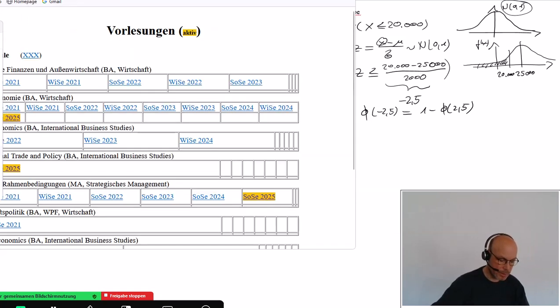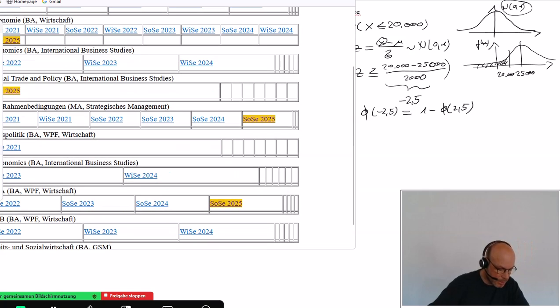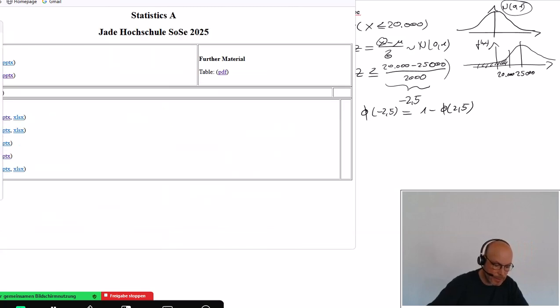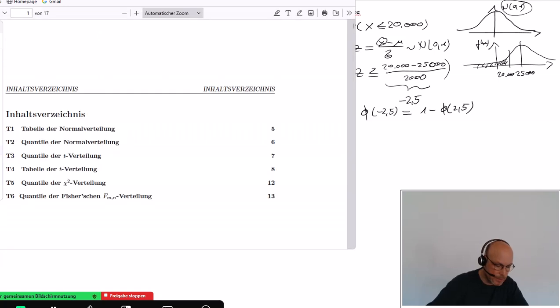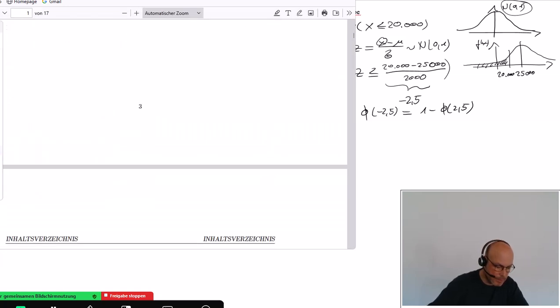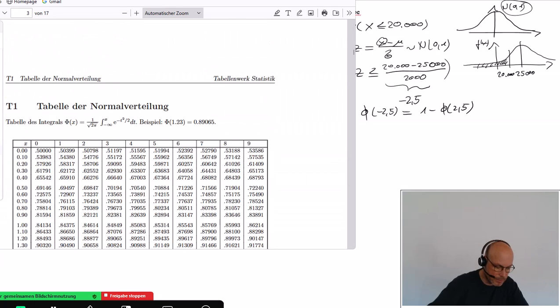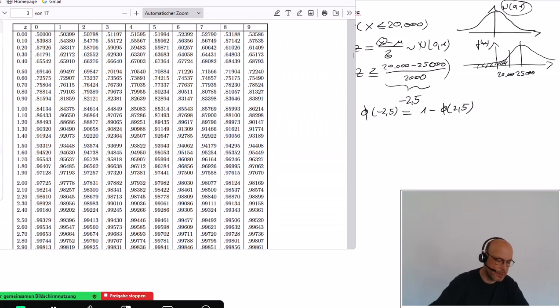Lectures, statistics, and here is the table of the normal distribution. And how do we have to read this table? Well, here is the leading number.